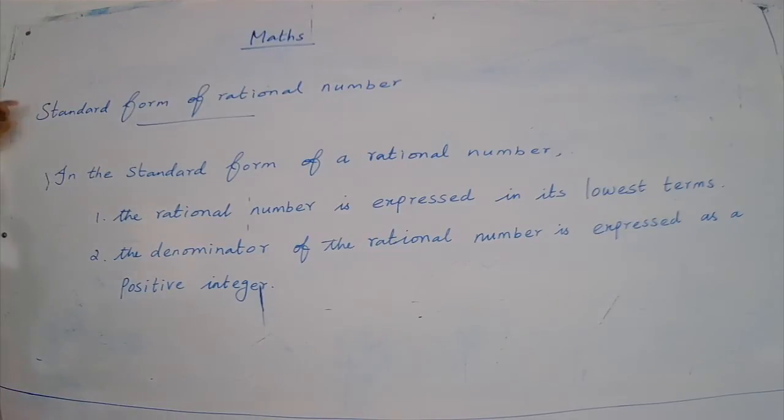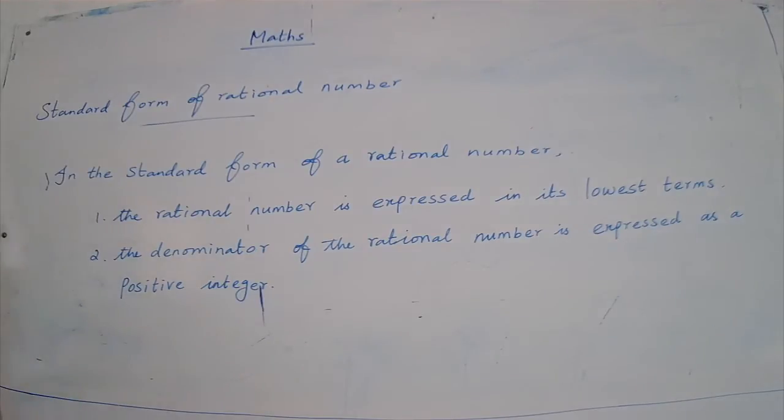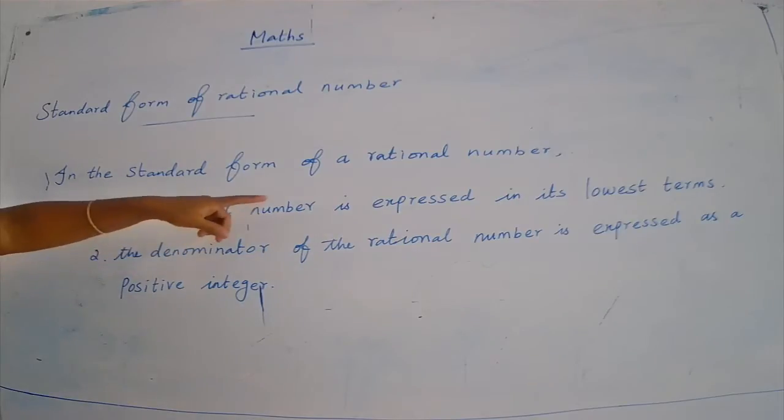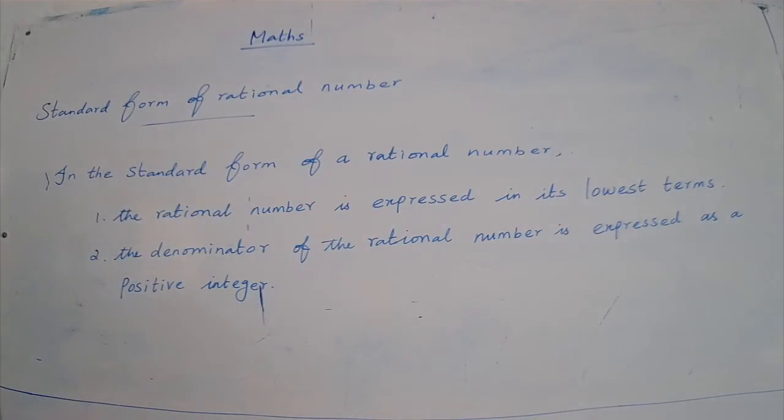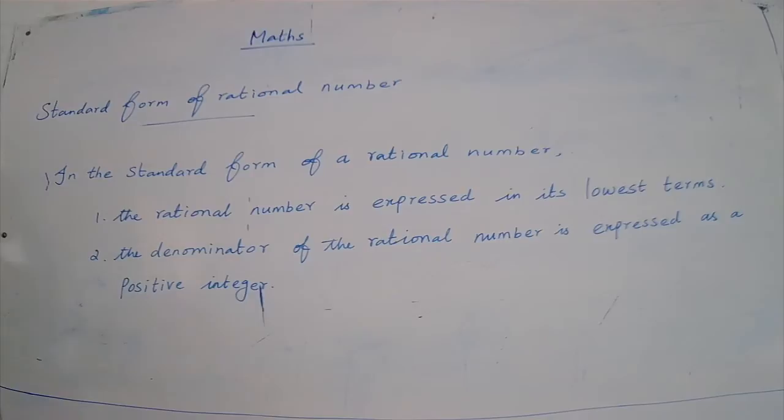Start with the heading: standard form of rational number. In the standard form of a rational number, first, the rational number is expressed in its lowest terms, and second, the denominator is expressed as a positive integer.